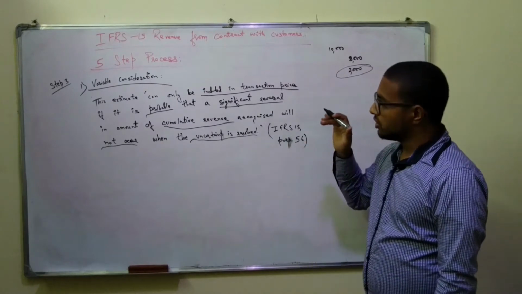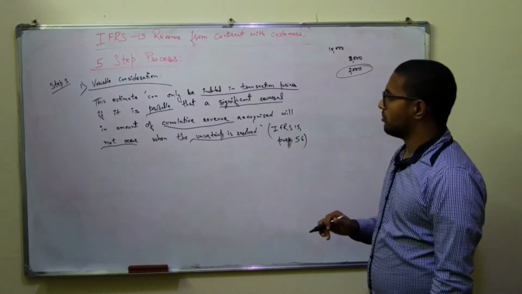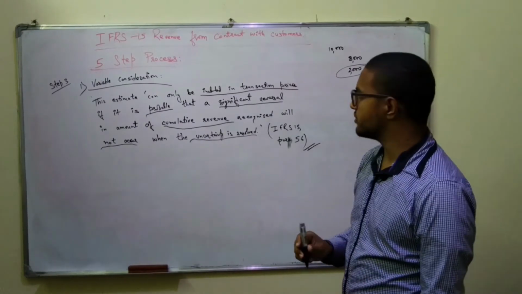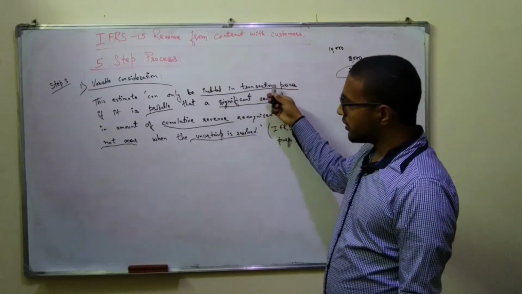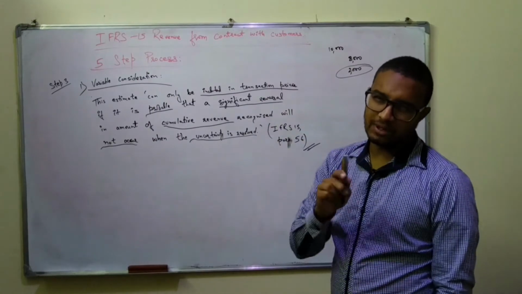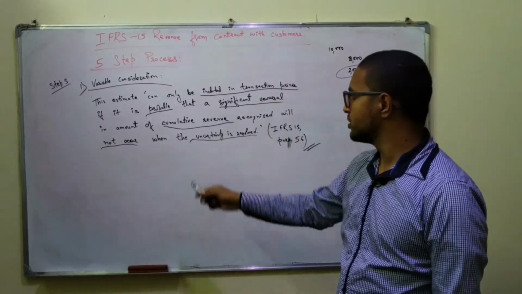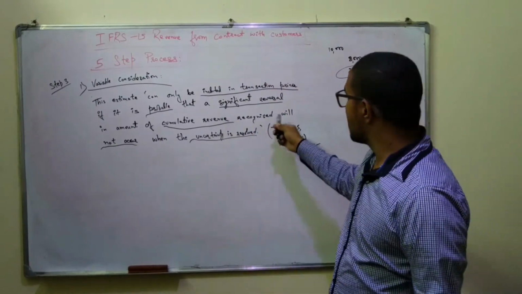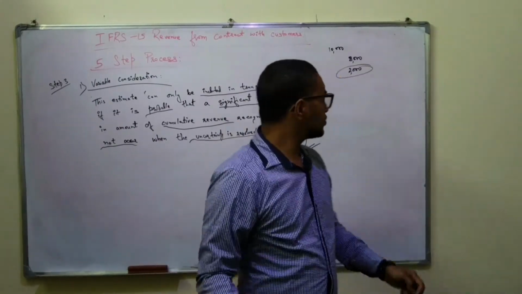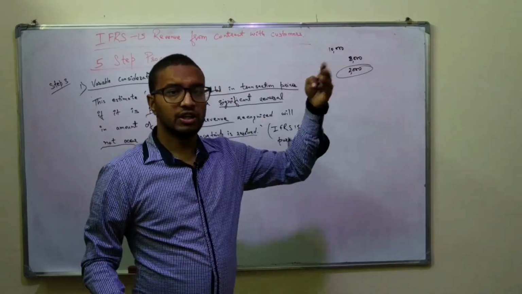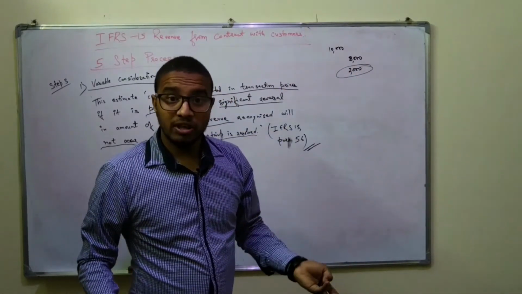So to solve this problem, paragraph 56 says that variable consideration is only included in the transaction price if it is probable that a significant reversal in the amount of cumulative revenue will not occur. Suppose you have to reverse this 2,000 back again, that will be a problem, right?